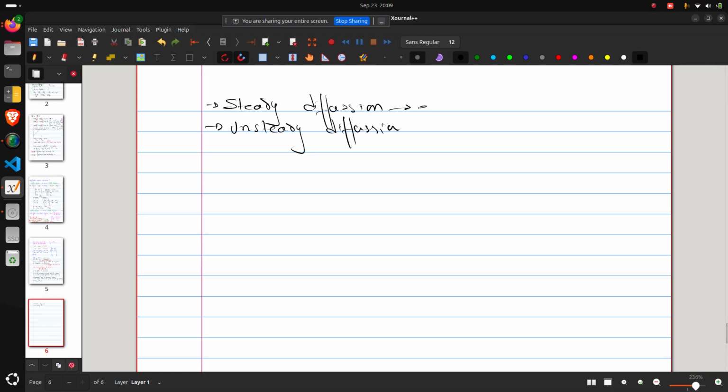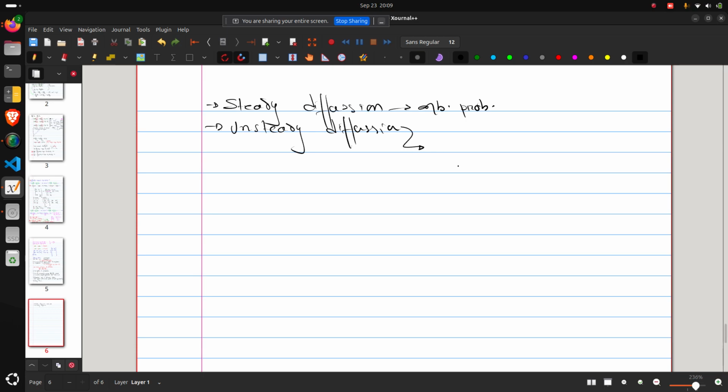Steady diffusion is just an equilibrium problem. We do not need to do time stepping and all that. No dou t dou x.